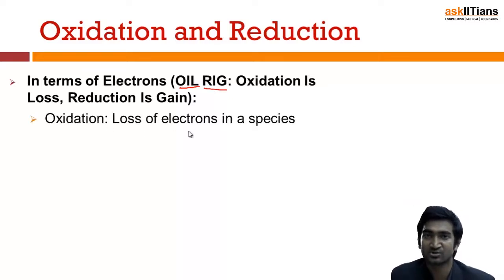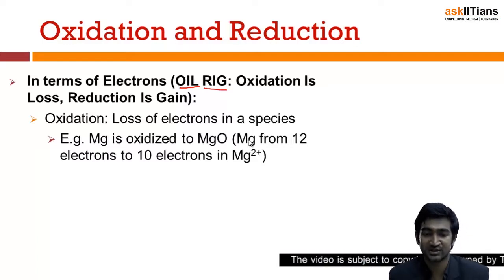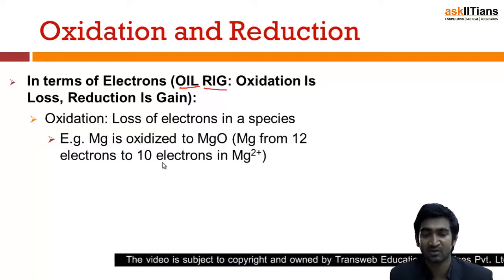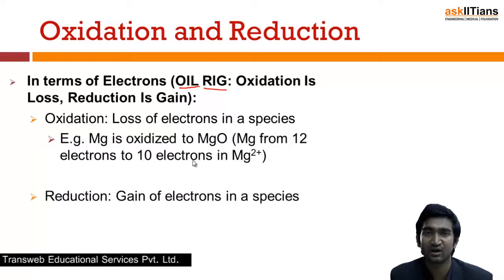So oxidation is loss of electron, magnesium which oxidizes to MgO. What happens actually is Mg from 12 electrons which it was having is now having 10 electrons, so loss of electrons. So that is your oxidation. Reduction is gain of electrons.